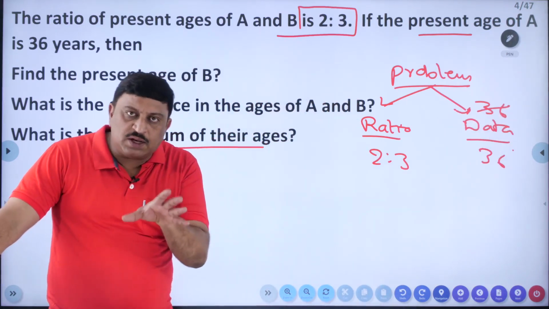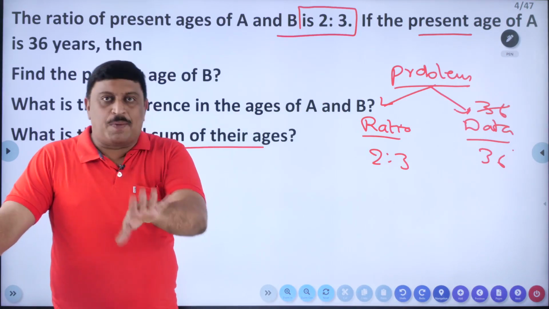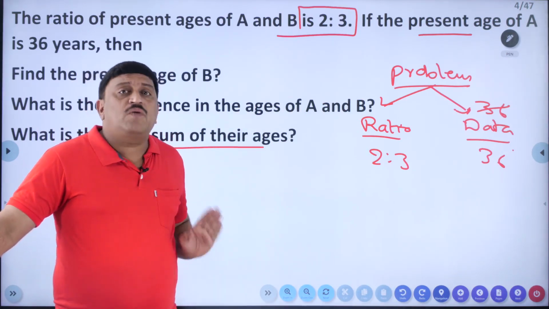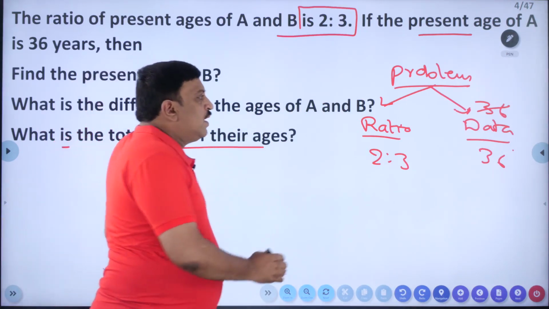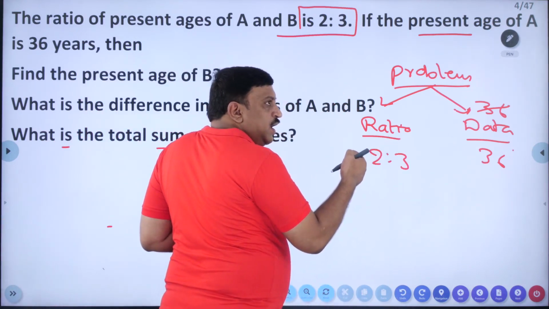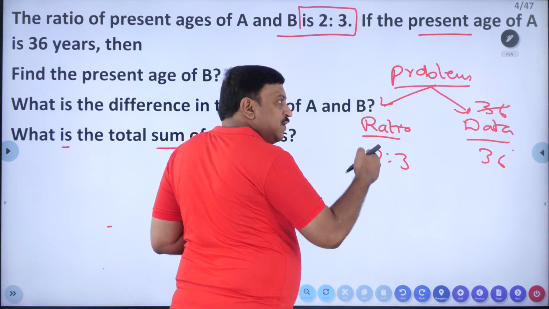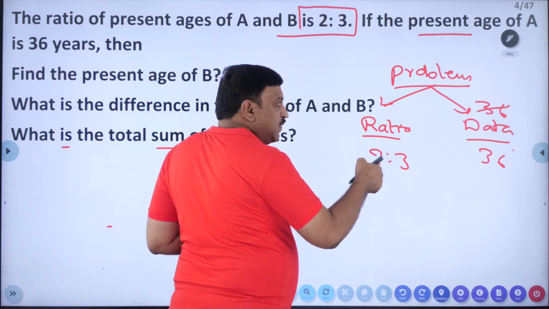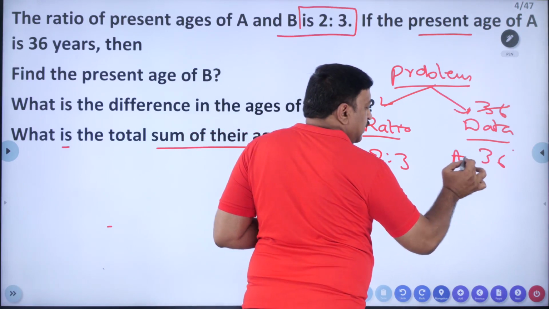Always in a question, this will be an integral part. Now what we have to do is check this data in the ratio against the corresponding value. Whose data is this? A's data.